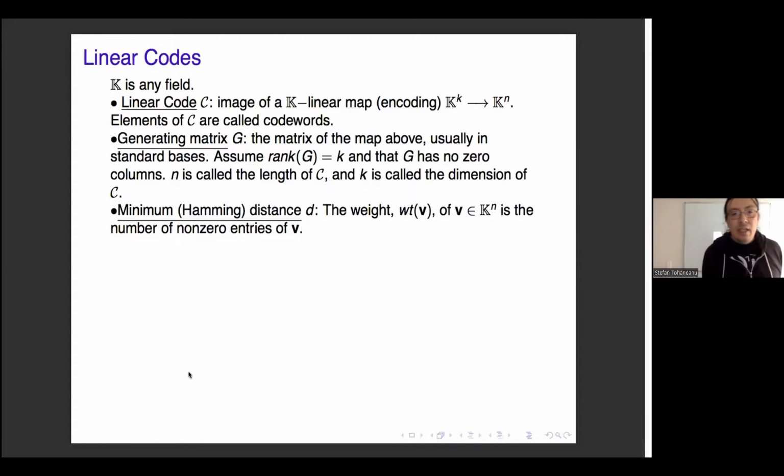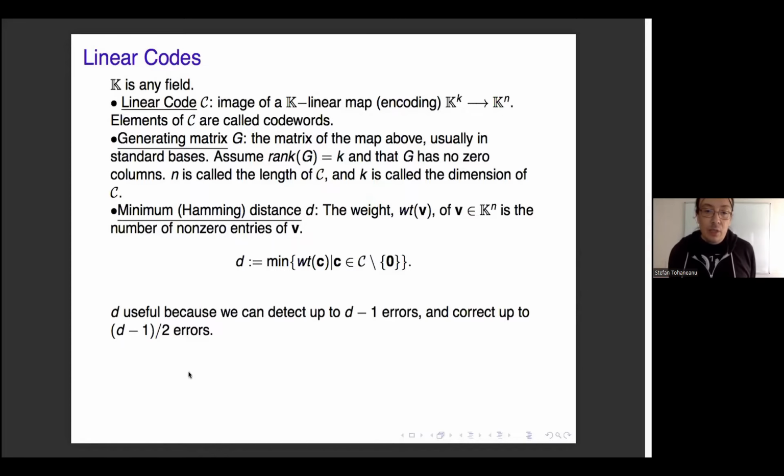Maybe the most important parameter coming with a linear code is what's called the minimum distance, which is basically the smallest number of non-zero entries in a code word that's not the zero code word, right?